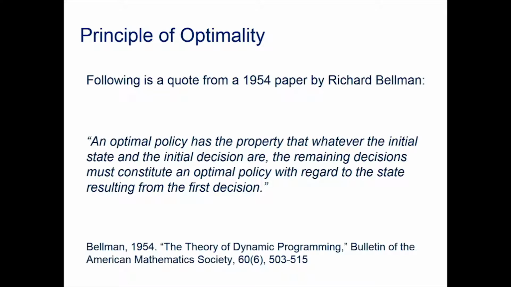This 1954 paper described it as the property being that an optimal policy has the property that whatever the initial state and initial decision are, the remaining decisions have to constitute an optimal policy with regard to the first decision. So very simple, conceptually, and then it's just been applied to an explosive number of problems. If you think about it from an algorithmic perspective, there are different kinds of categories. This would fall into the divide and conquer kind of approach.